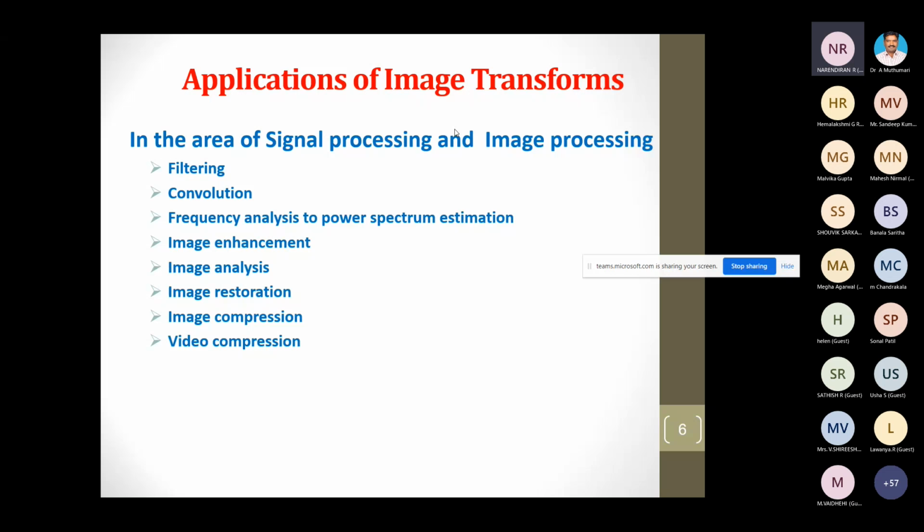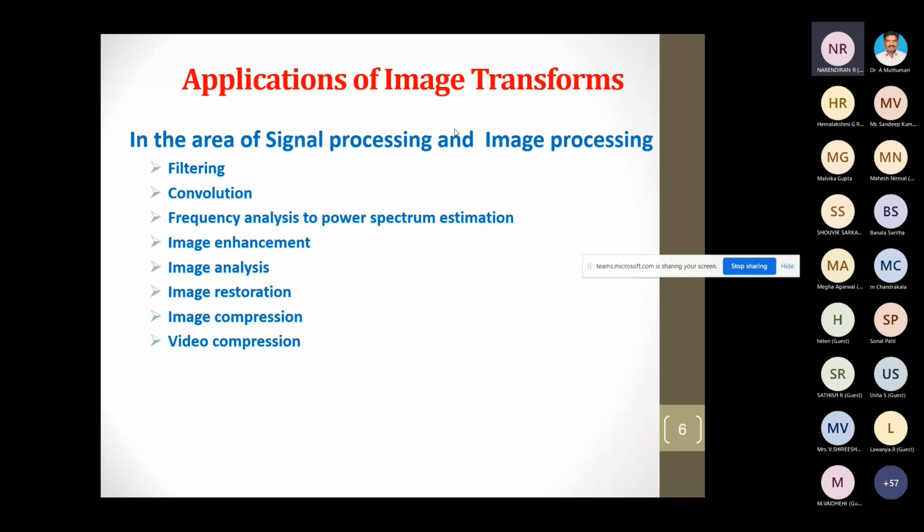I told you that this topic itself covers two vast areas, signal processing and image processing, in which you can find many applications based on image transforms, like filtering, convolution, frequency analysis to power spectrum estimation, image enhancement, image analysis, image restoration, image compression, video analysis, video restoration, video compression.